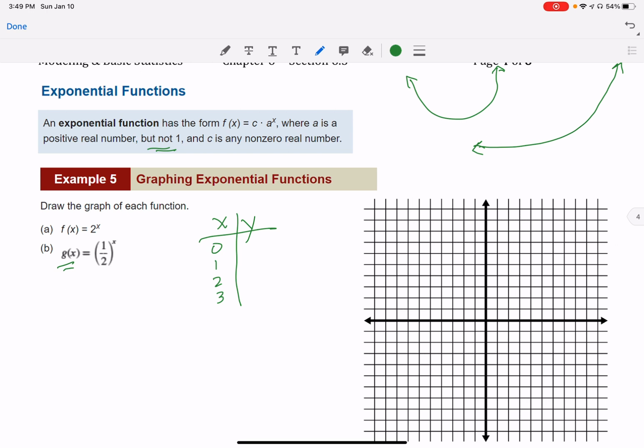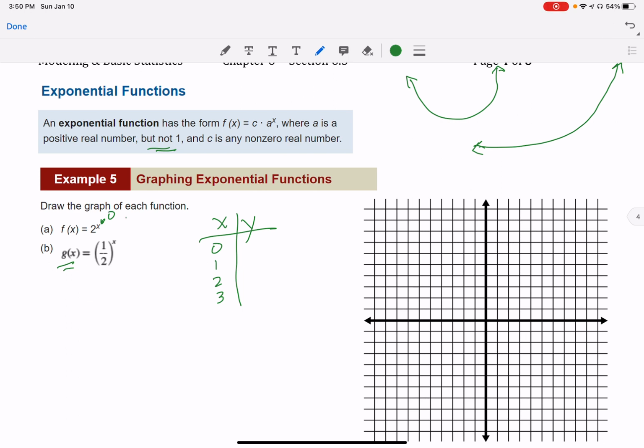You can start with a couple positive, a couple negatives. Doesn't really matter. You're just plugging in numbers. Remember, x is your input, y is your output. So these are going to be the points that you can grab to form the graph for this function. So when x is 0, what is my y value?